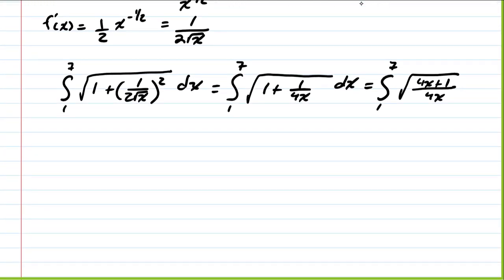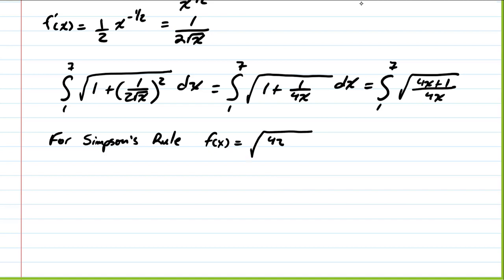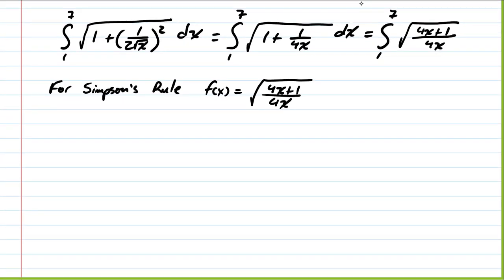So this is going to be our f for Simpson's Rule. For Simpson's Rule, we have f of x equals the square root of 4x plus 1 all over 4x. Our delta x is going to be b minus a over n.